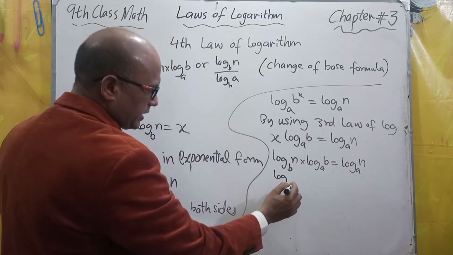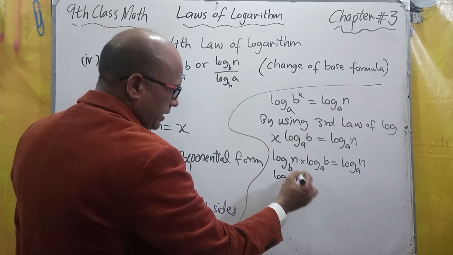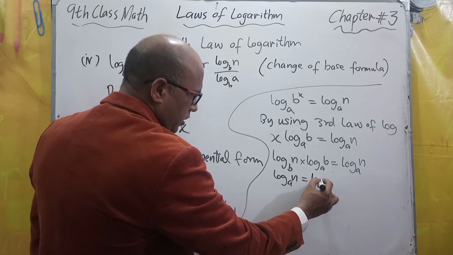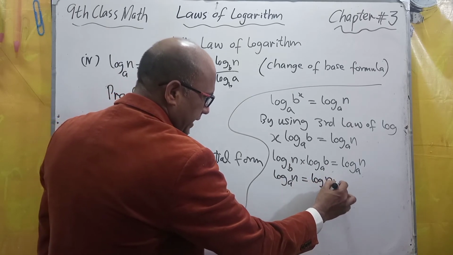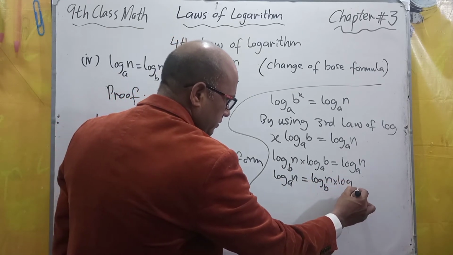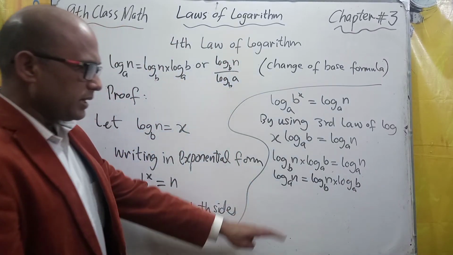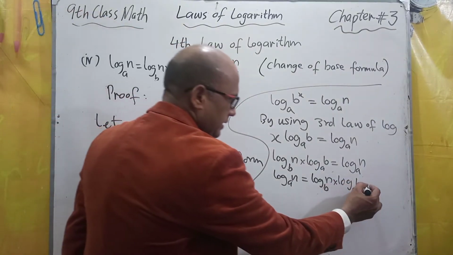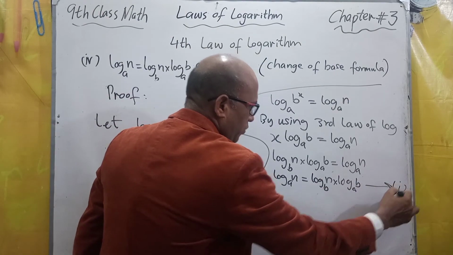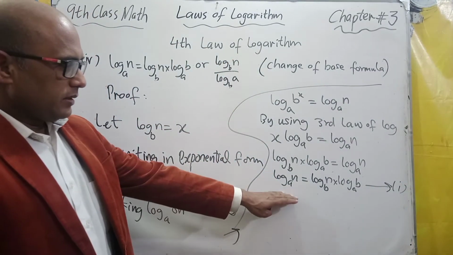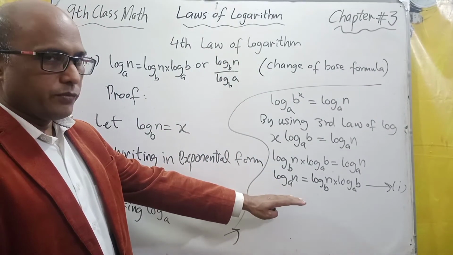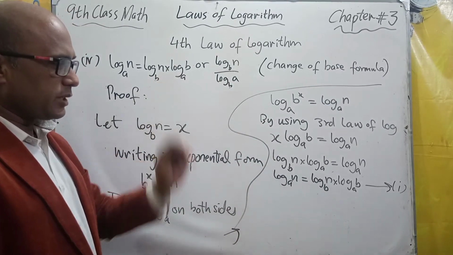This will be written on the left hand side and the others on the right hand side. So students, we can name it equation number 1. This is proved. Equation number 1 is proved.